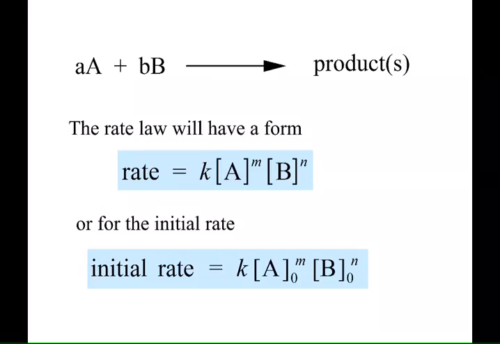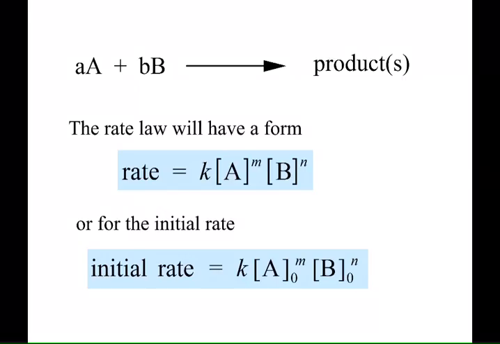So A plus B goes to form products. I'll go ahead and change this up here. I'll put P for products. Now the little a and the little b, what are those? The coefficients, exactly.